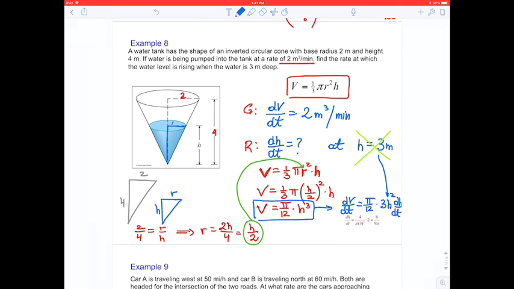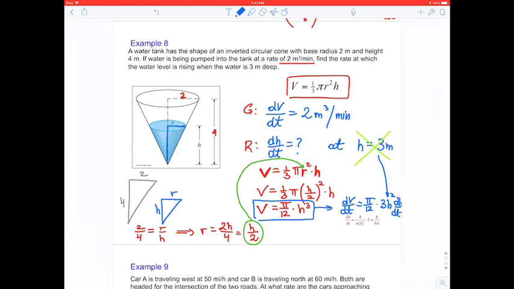Because I have my relation, I have my derivatives, and I'm looking for the rate of change of the height, dh/dt, at the moment that h is 3. And you can probably simplify this, and I did type the final answer, but let me try again. dh/dt will be equal to dV/dt, which is 2.